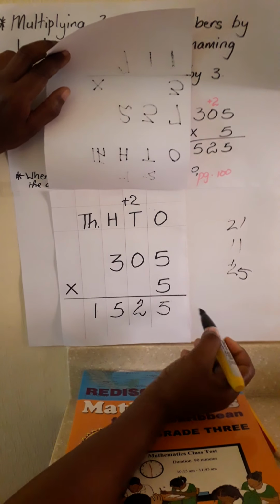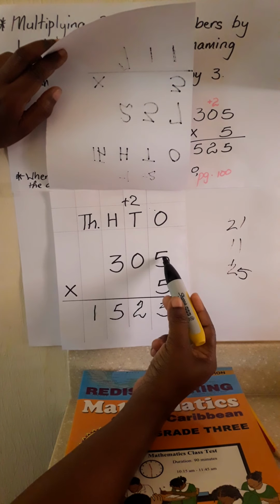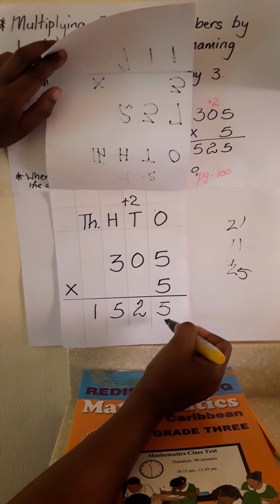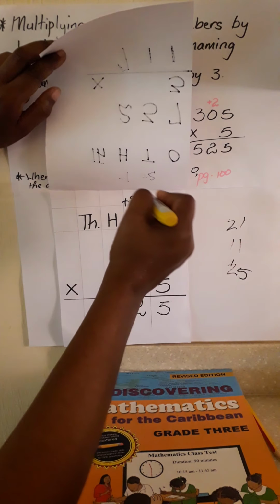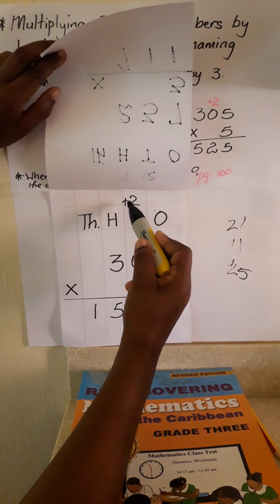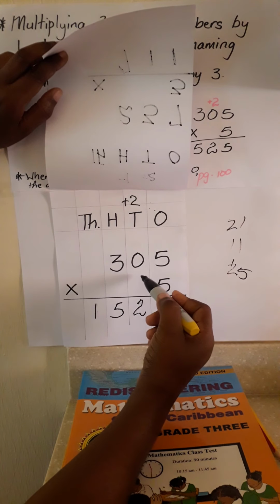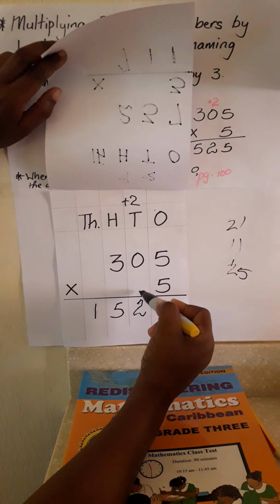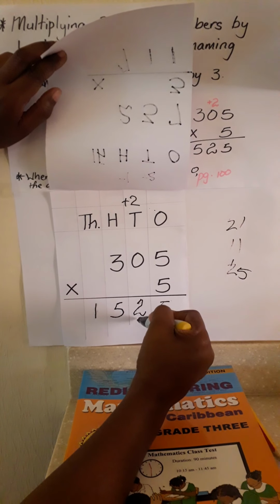So let's go again. 5 times 5 gives us 25. We put the 5 in the ones column. We take the 2 over to the tens column. 5 times 0 is 0. 0 plus 2, the answer is 2.